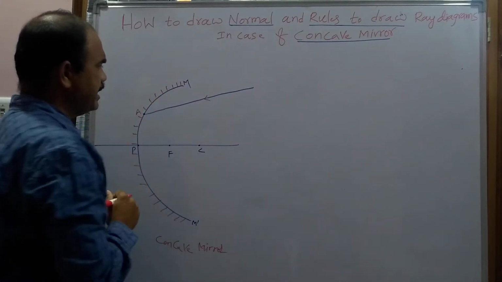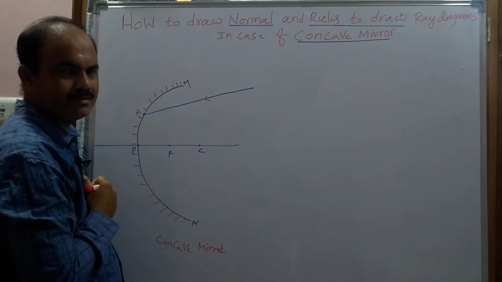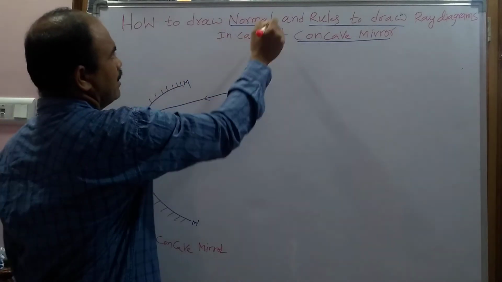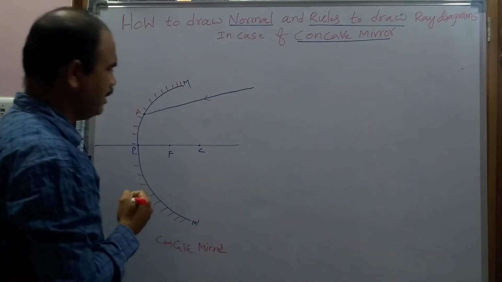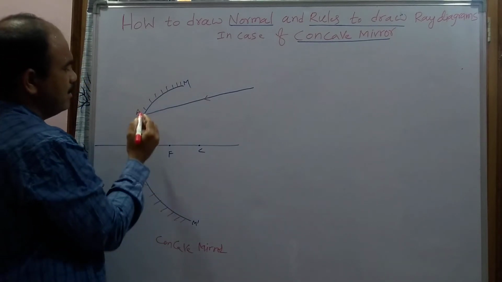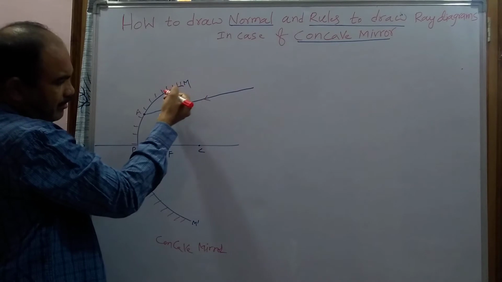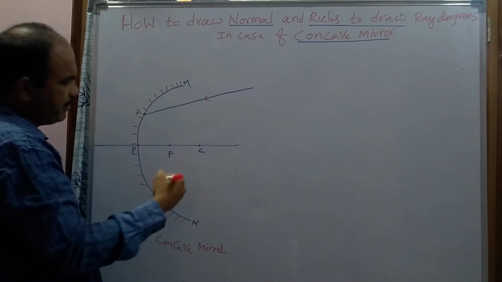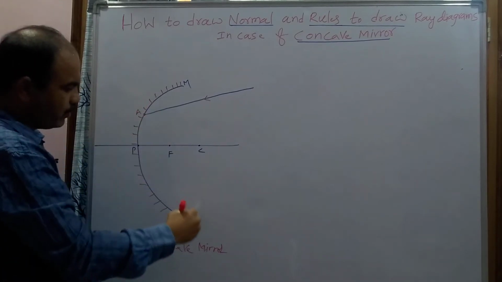Now, at what angle is it incident on the mirror? How do I know? To know that, I have to draw the normal. How do I draw the normal? The simple technique is by using a scale. This is the incident ray, and after coming, the incident ray is incident on the point A on the mirror. That is why this is called the point of incidence on the concave mirror.